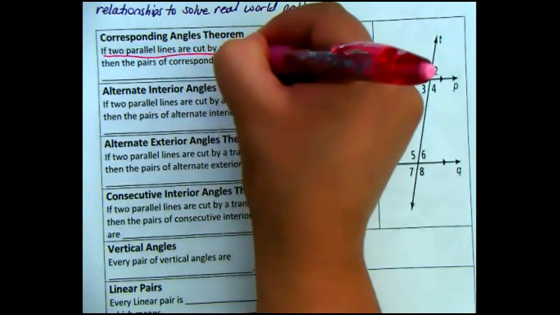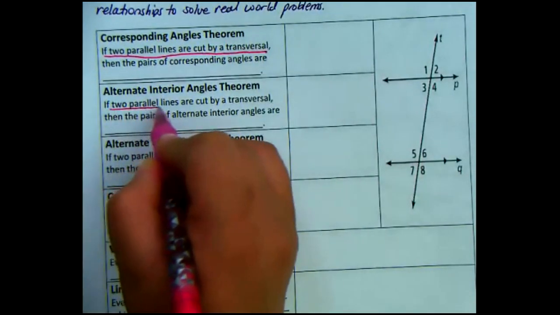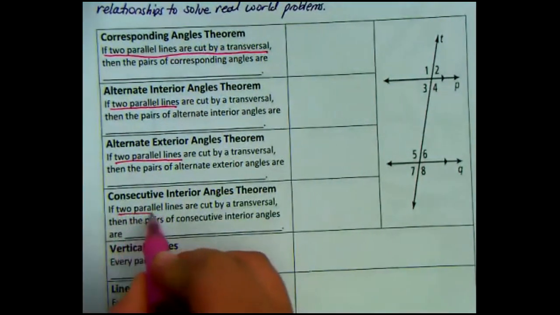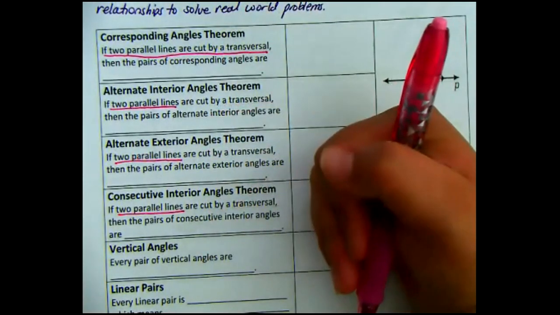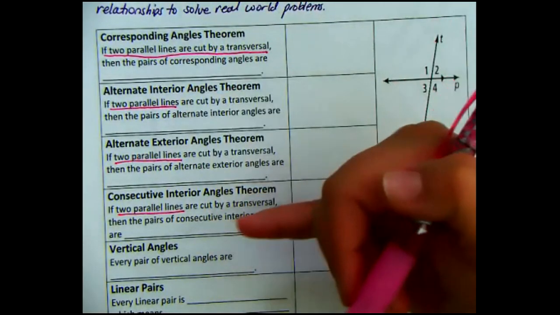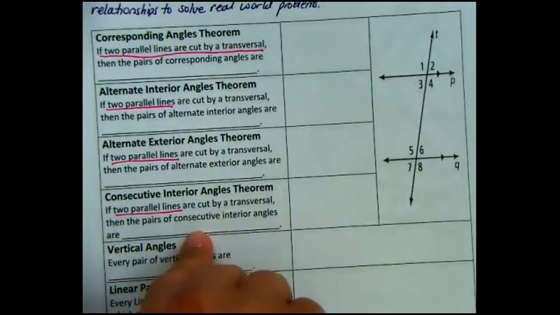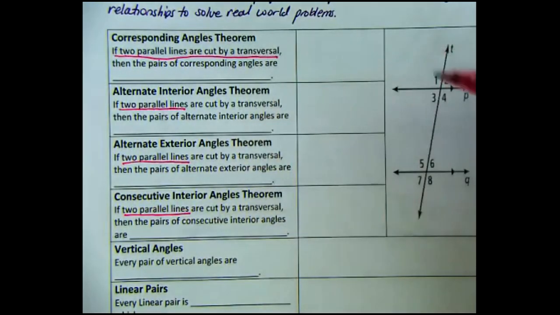if I have two parallel lines cut by a transversal, then what we're going to talk about with these angles is going to be true. The relationship between the measurements is only true if the two lines being cut by my transversal are parallel.